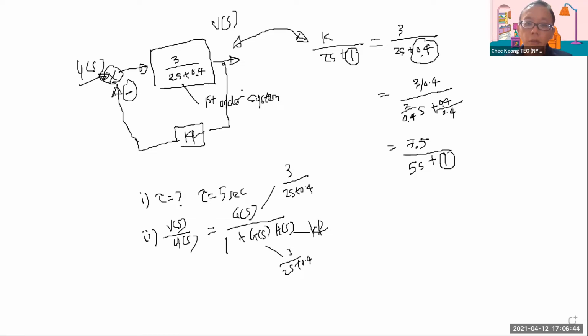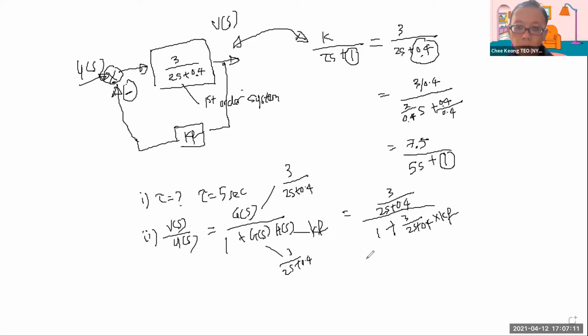Now, if we were to rewrite this properly, you have 3 over 2s plus 0.4, divided by 1 plus 3 over 2s plus 0.4, and then you multiply by kf over here.